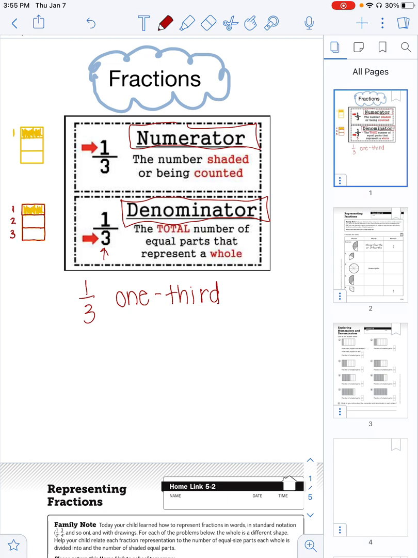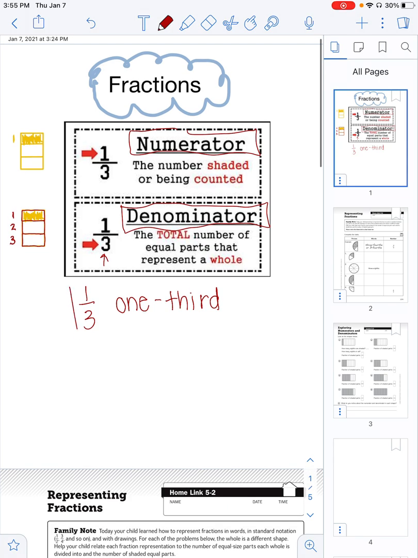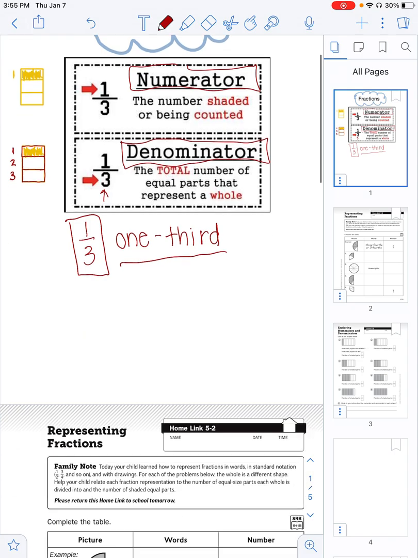Either one is the right way to describe the fraction. Now, if the assignment says specifically to use numbers, then you would want to use this one. But if it doesn't ask for specifics, sure, go ahead and write one third out like that.